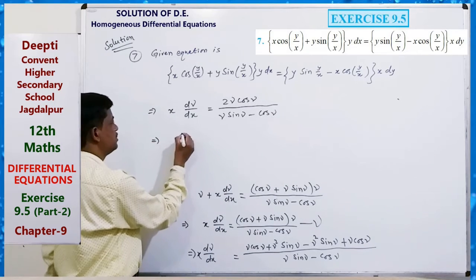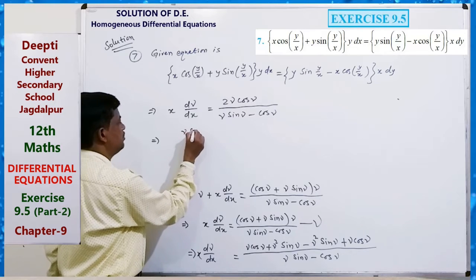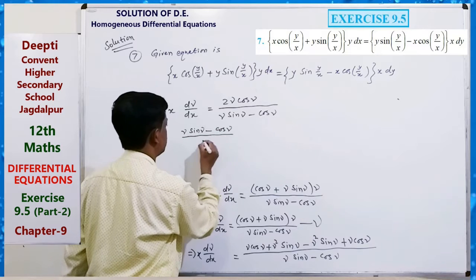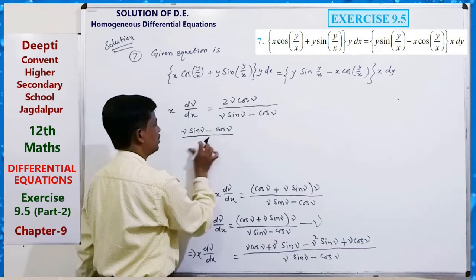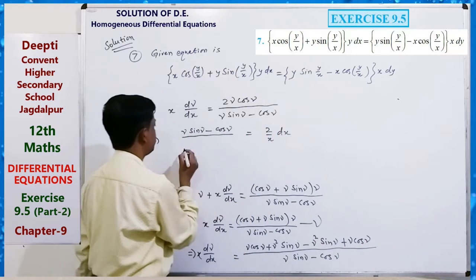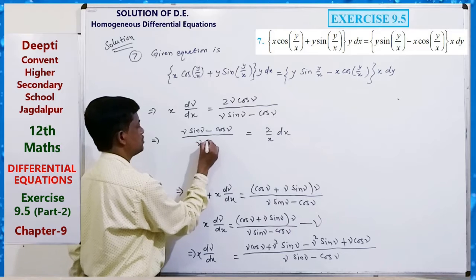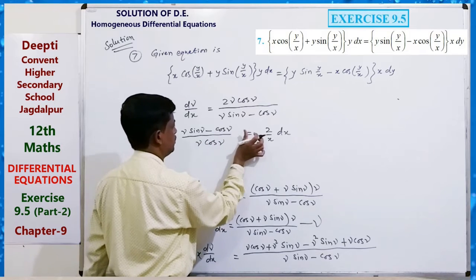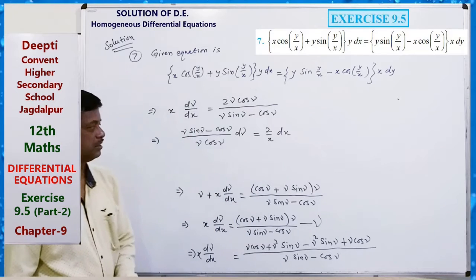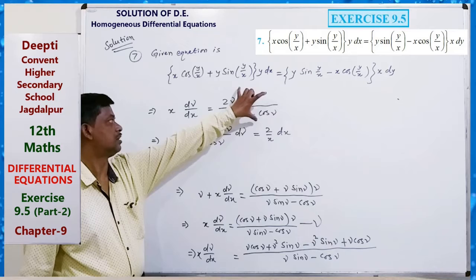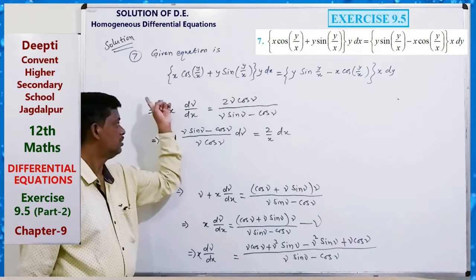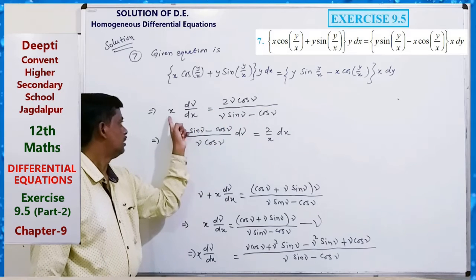We can write like this: (v sin v minus cos v) upon v cos v, with dv, equals 2 by x dx. All the terms related to v go with dv. So this goes to the denominator, this goes to the numerator, and 2 remains here, 2 by x dx.